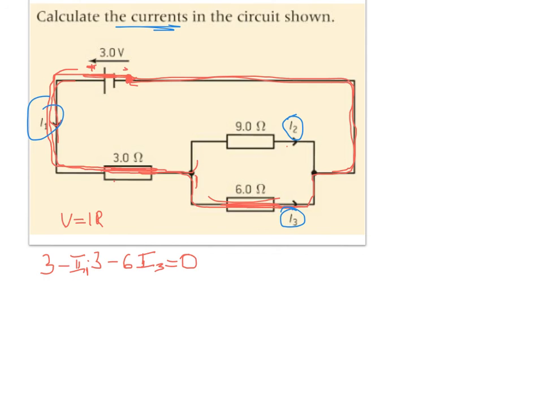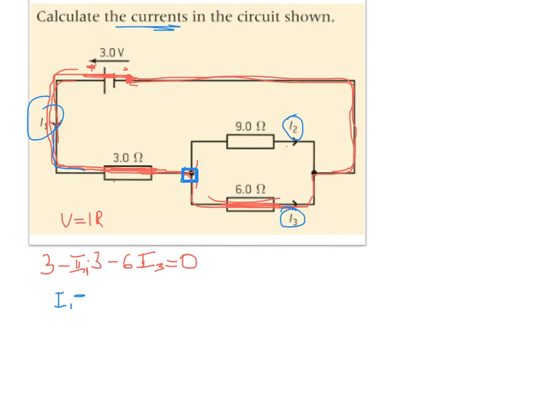So I'm going to use Kirchhoff's first law, which is that when I'm going into a junction, the currents have to balance. I'm going to look at this junction right here. I could look at the other one, it doesn't really matter. Going into this junction, current 1 is going in, so I1.